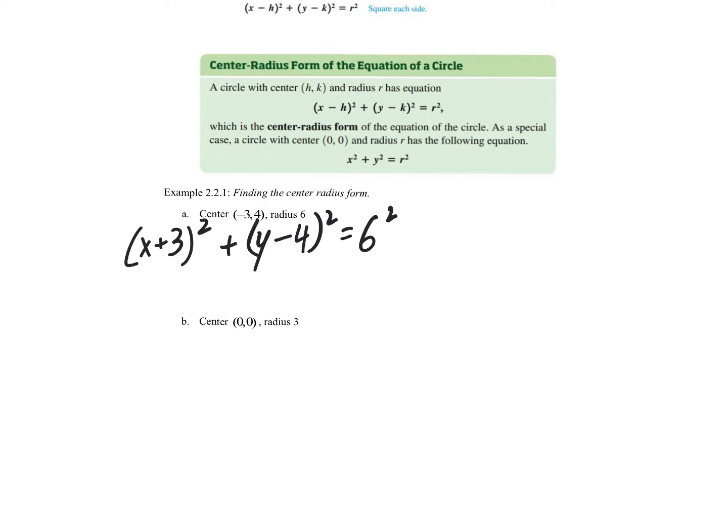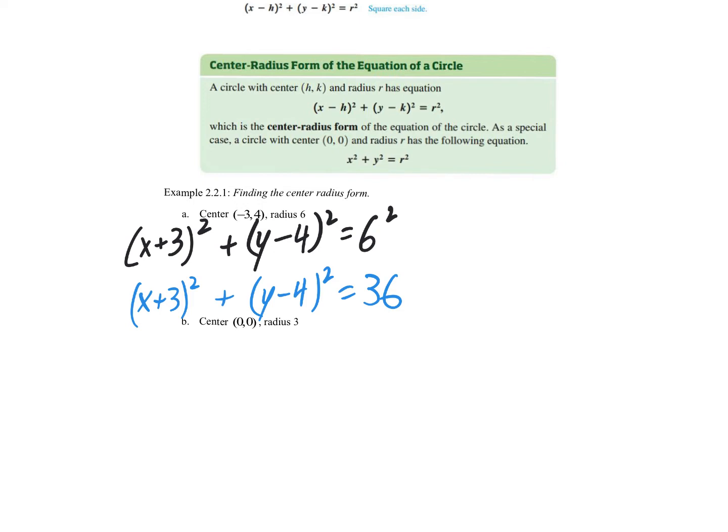And then of course we can simplify this down a little bit, and we'd get (x + 3)^2 + (y - 4)^2 = 36. And that would probably be the most accurate circle equation using that center radius form.